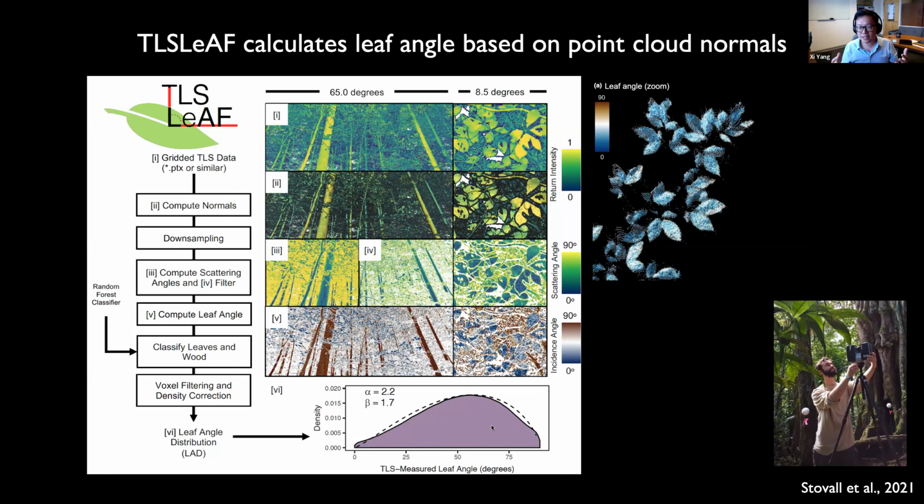This all sounds exciting, but I also want to put a note here that there are caveats of this TLS approach. One thing is it's quite expensive as of yet, right? The Leica instrument we're using costs about $70,000, and there are also some uncertainties related to occlusion, right?